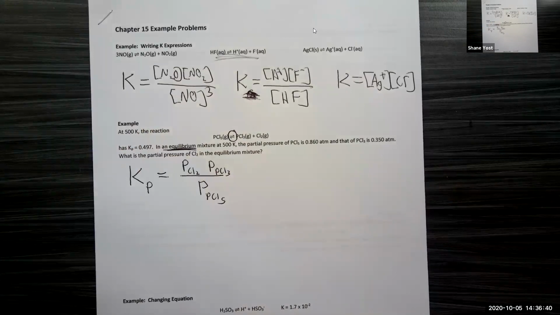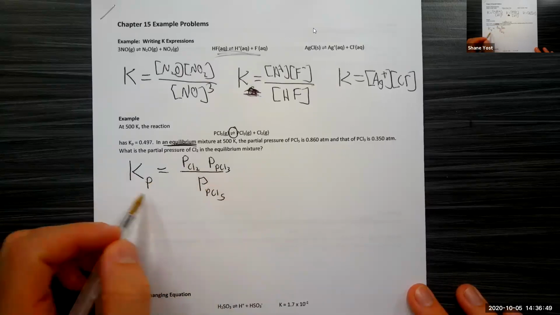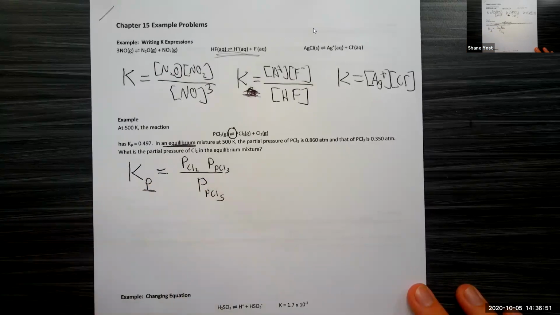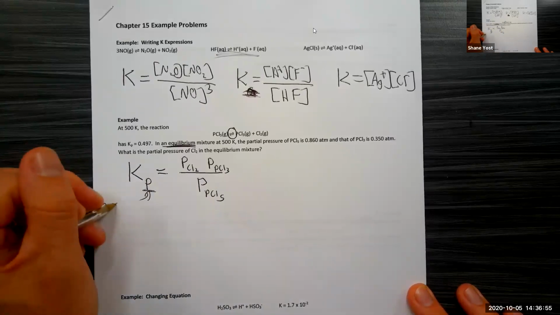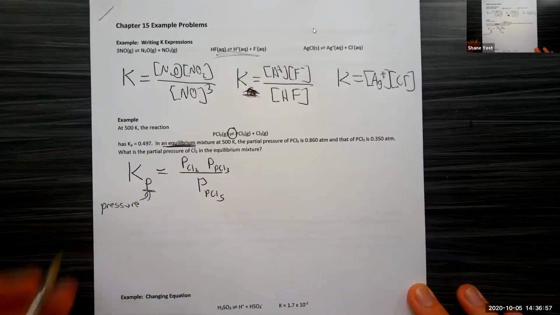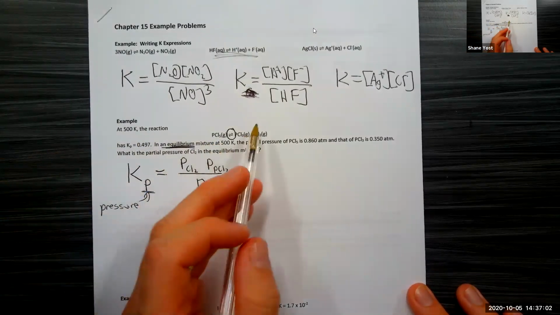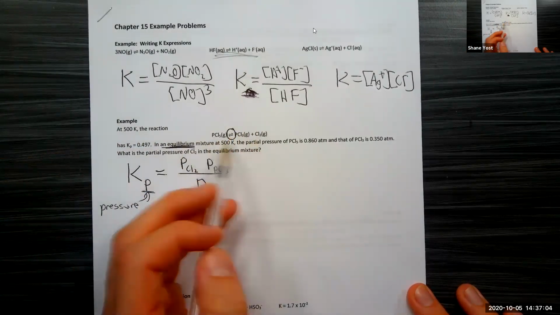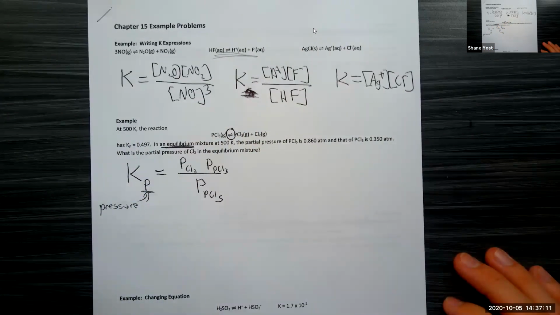All the examples we've done so far, we've just focused on concentrations. For gases, I can use pressures. If I do, I indicate that by having this P here, Kp. This P stands for pressure, not the phosphorus in this reaction. This P has nothing to do with the phosphorus; it indicates pressure in your equilibrium constant expression.